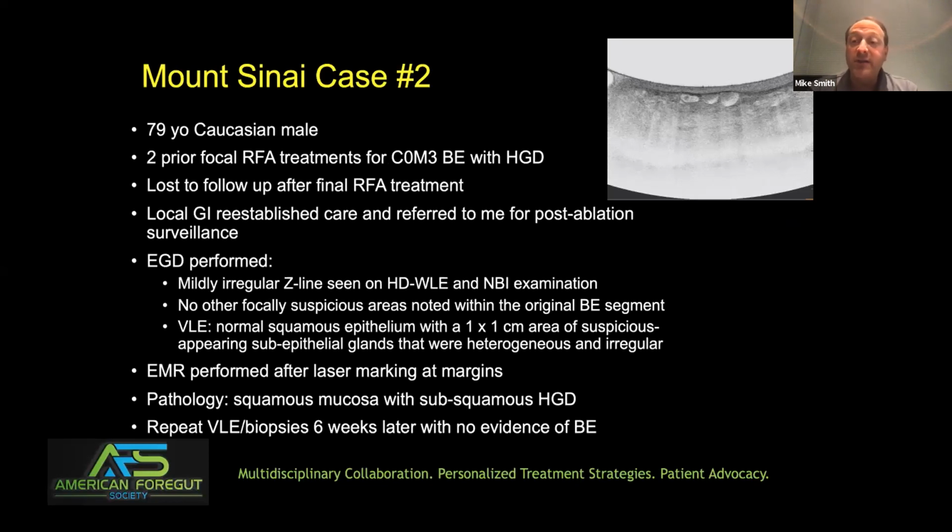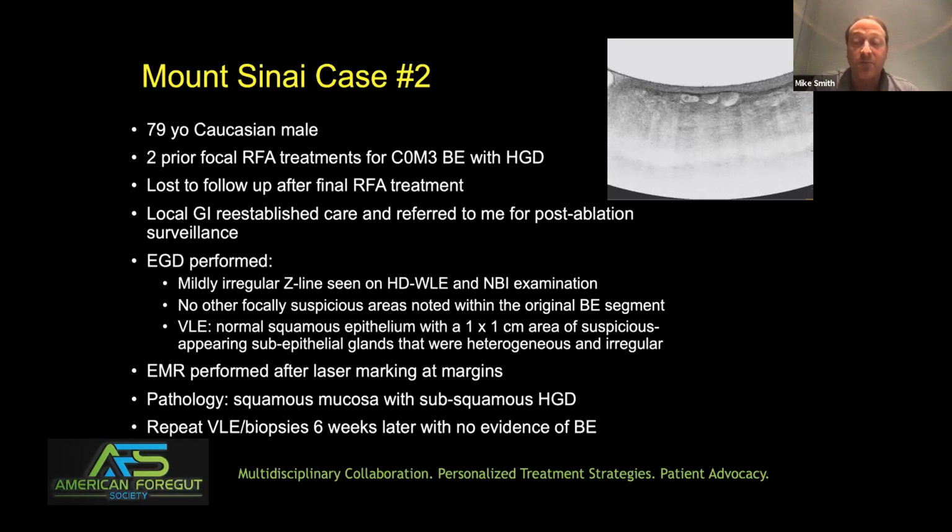And the VLE showed this funky collection of glands with heterogeneity and foci of hyperintensity below the neosquamous epithelium. They were resected with an endoscopic resection, and in fact, there was high-grade dysplasia in this area, completely removed with an endoscopic resection, and an ability to move forward now with him being in a complete eradication of intestinal metaplasia and dysplasia as well.